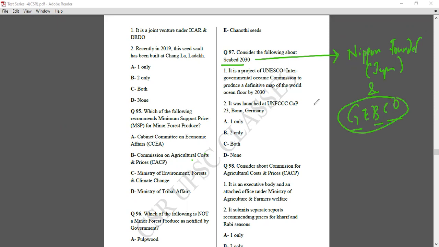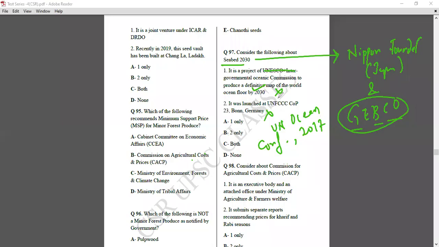And it was launched at, this one also wrong, UN Ocean Conference 2017. Work is same, to produce a definitive map of the world. That is correct, but this is wrong. So both are wrong. Next, you can go through GEBCO. It's a nice organization which does works on this bathymetric. Okay, ocean ka floor ka they do. Okay.